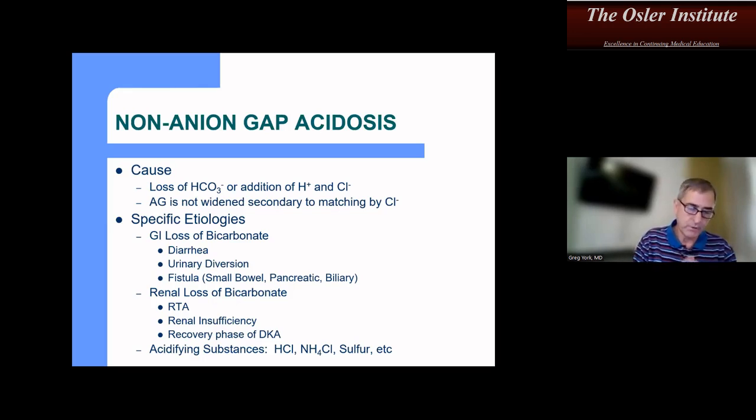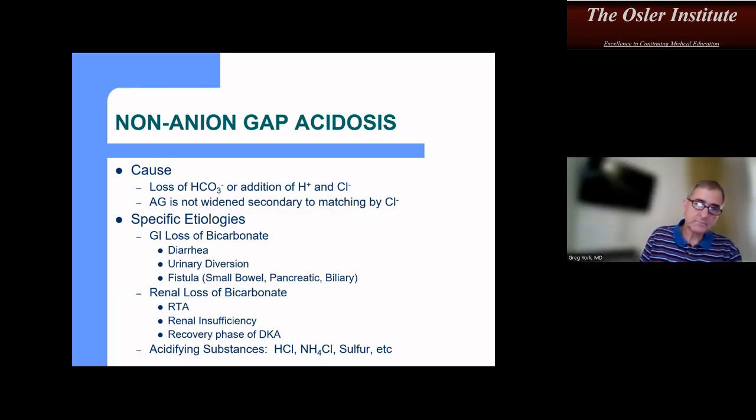Because when you look at the ions involved in this, you have sodium, chloride, and bicarb. We only have one positive ion involved in this acidotic state, whereas on the negative side, or the anion side, you have chloride and bicarb. And so those regulate each other from an electrically neutral situation.